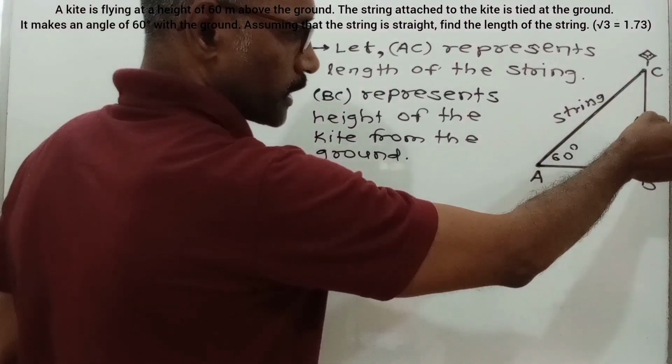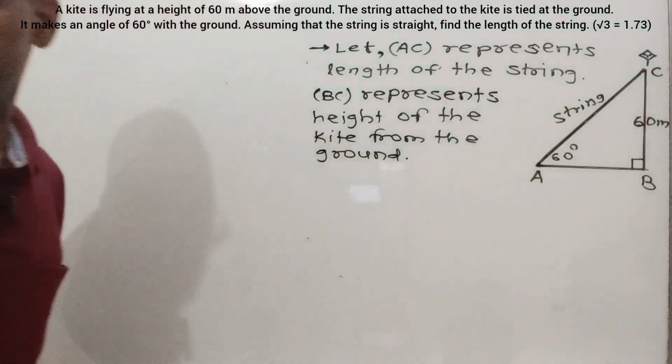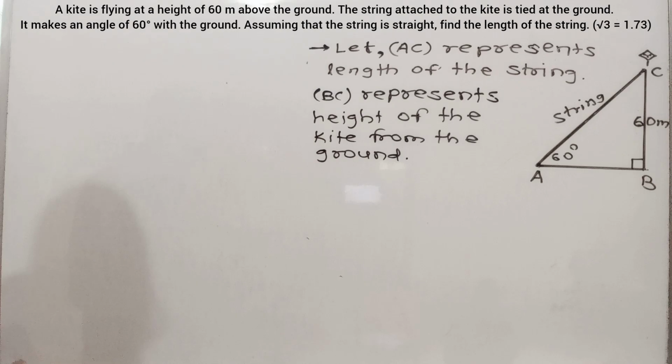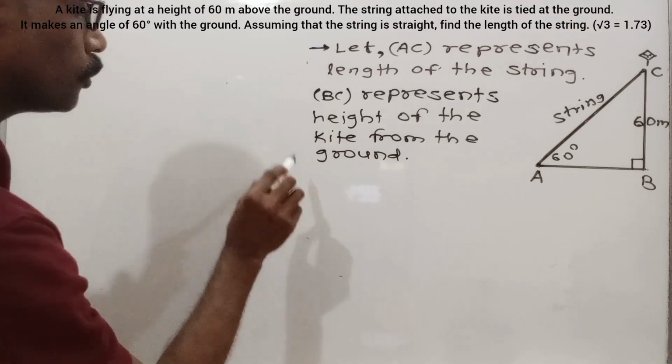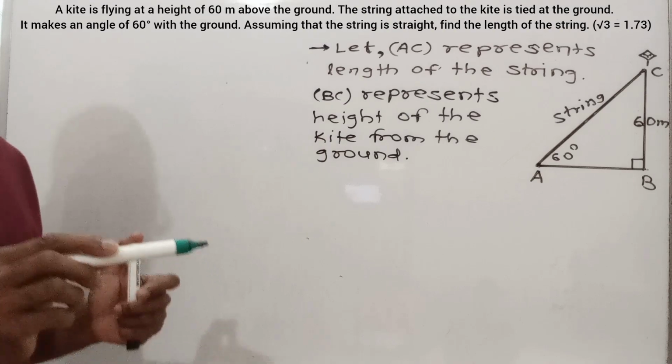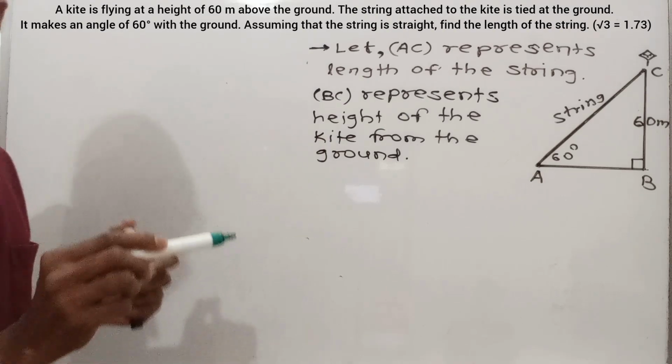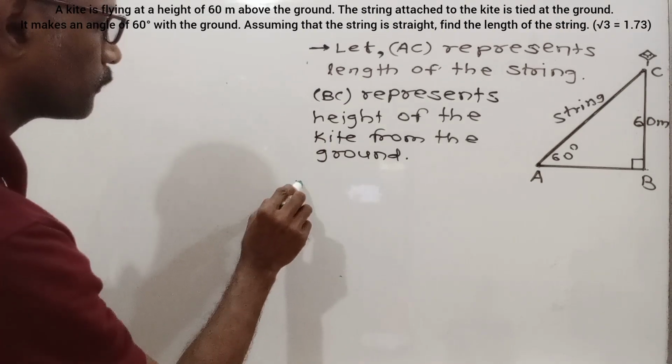So for the opposite side and hypotenuse, the relation between these two, we write with the help of a trigonometric ratio. That trigonometric ratio is nothing but sine.